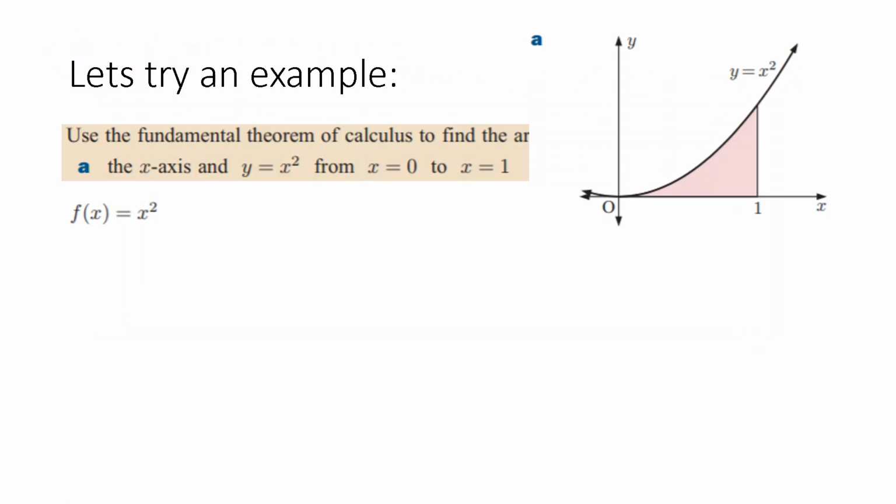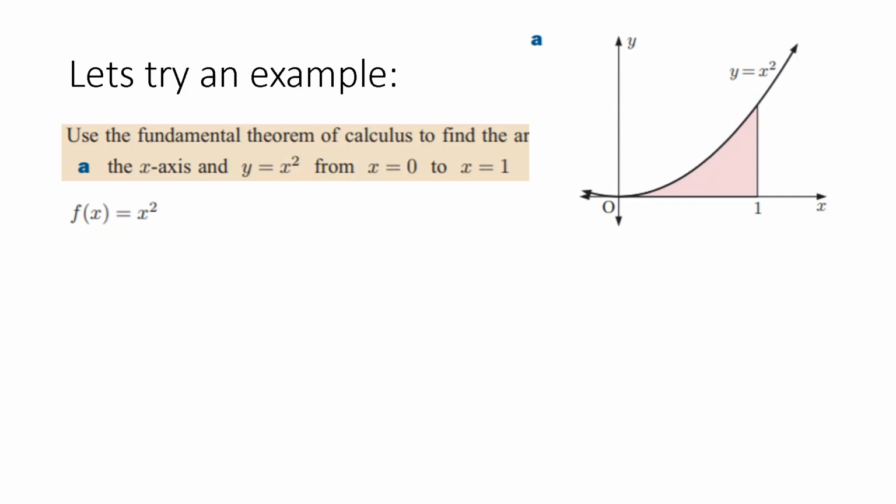Let's try an example of finding the area under a curve. So let's use the fundamental theorem of calculus, which connects the area under the curve and differentiation and anti-differentiation, to find the area under the curve. So if f of x is x squared, let's do the reverse of differentiation. Instead of decreasing the power by 1, let's increase the power by 1, so we get x cubed.